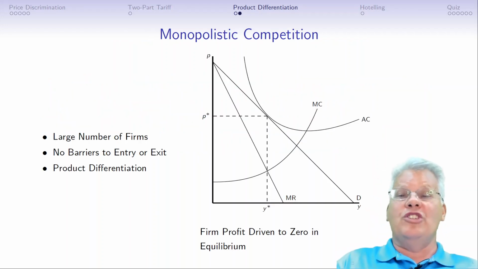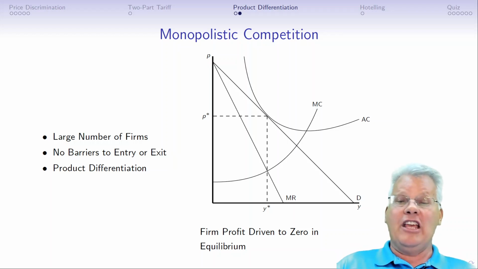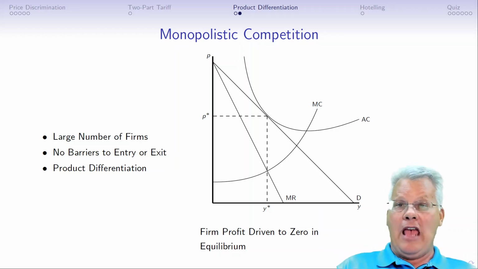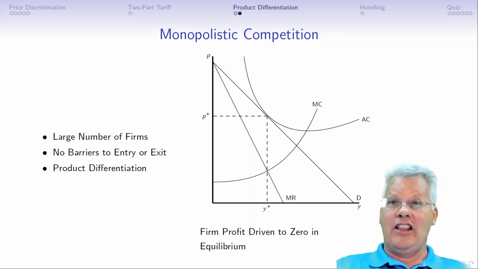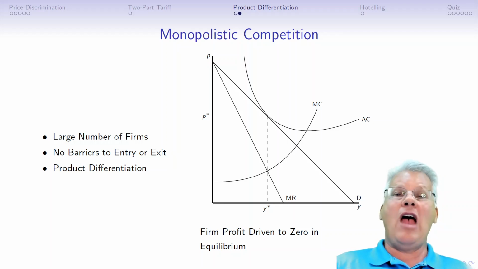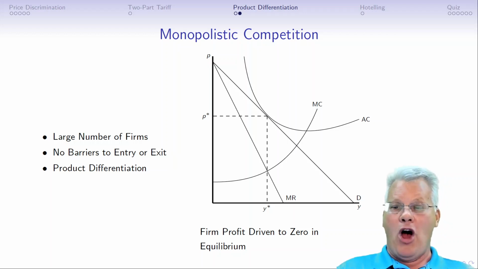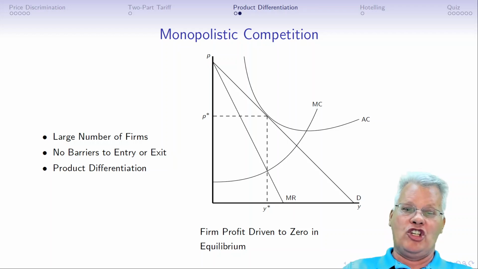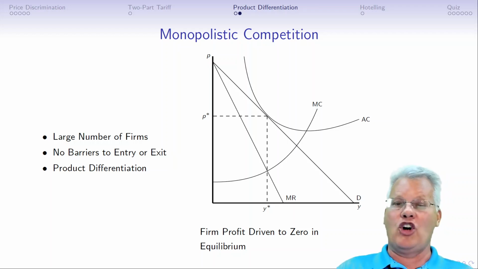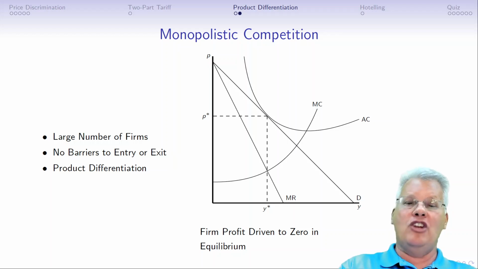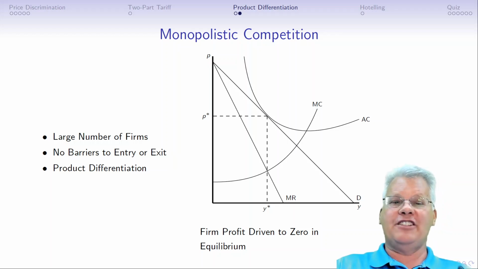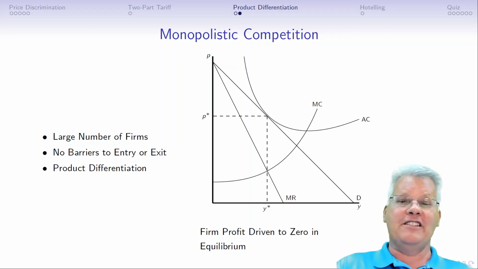So under this regime, we get the monopolistically competitive model. And the attributes of it on the left, we have a large number of firms and no barriers to entry or exit like the perfectly competitive model, but now we have product differentiation. So firms engage in the optimal amount of product differentiation, which causes the firm demand curve to slope downward, but entry and exit drives firm profits to zero.